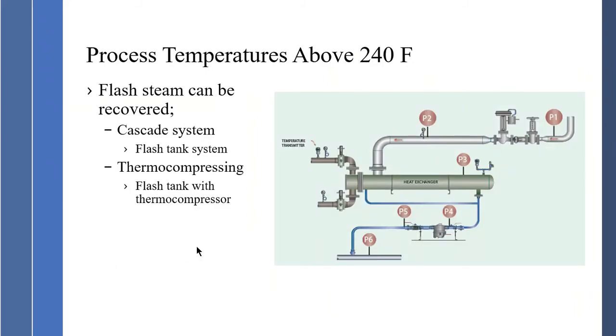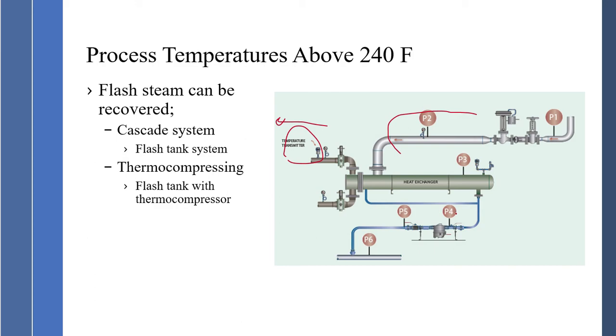The last example I'll go through is process temperatures above 240 degrees. Because the process temperature is above 240 degrees, we will always have elevated steam pressures to maintain a process temperature of 240 degrees or above.